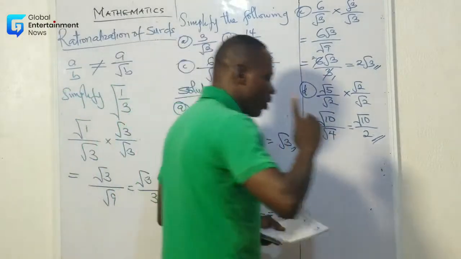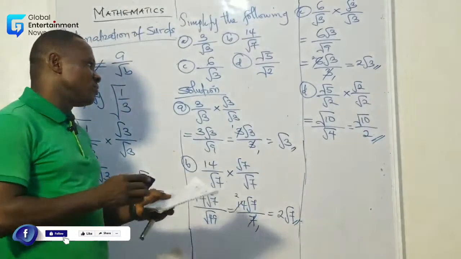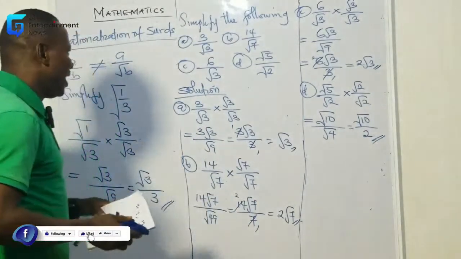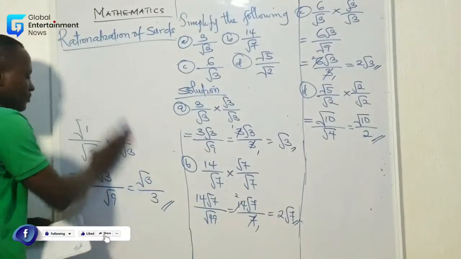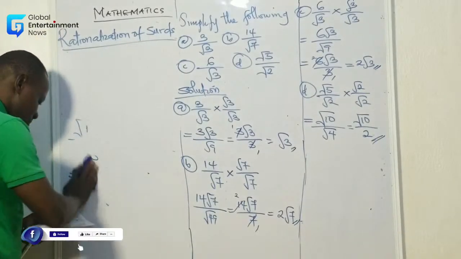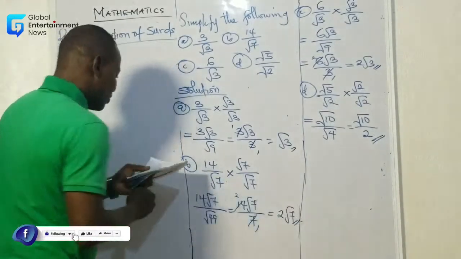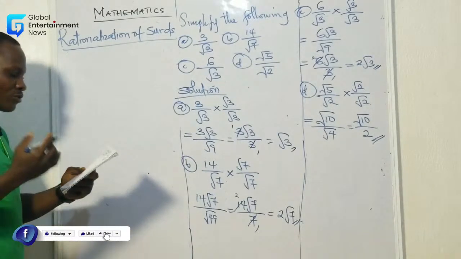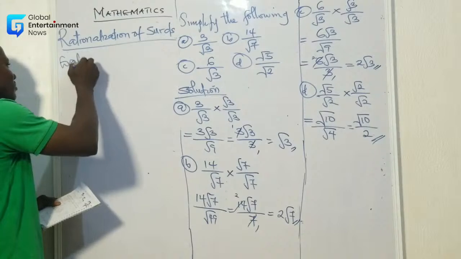Now I'm going to do one more question, which is a general question, the combination of addition, subtraction, multiplication, and rational numbers. Now look at this. Let's do this together. The question says, without using calculator or mathematical tables, evaluate.